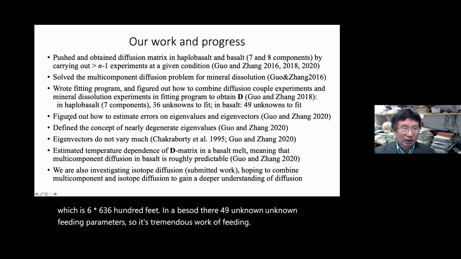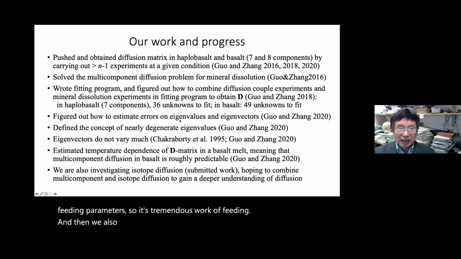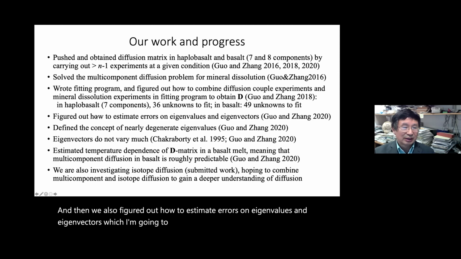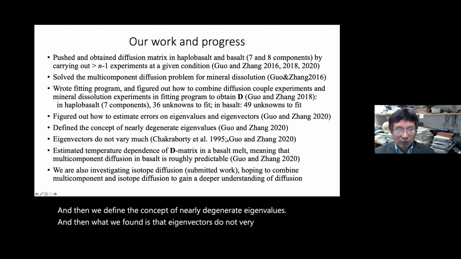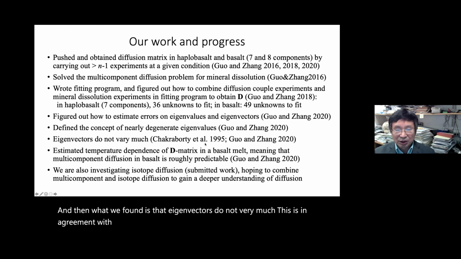And then we figured out how to estimate errors on eigenvalues and eigenvectors, which I'm going to talk about a little bit later. We defined the concept of nearly degenerate eigenvalues. What we found is that eigenvectors do not vary much, which is in agreement with what Chakraborty et al. obtained in 1995.